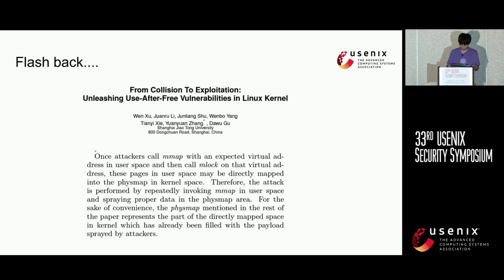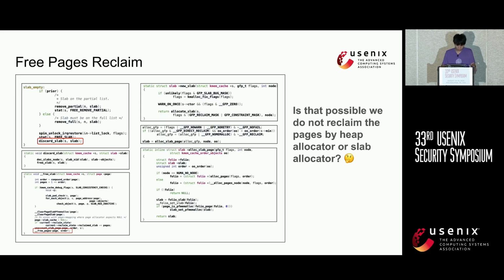So as we can see, all these previous situations relate to free pages reclaim. On the one hand, when a slab is empty, sometimes the system will discard the current empty slab, which triggers the free operation of the slab, and eventually all pages in the slab will be freed.